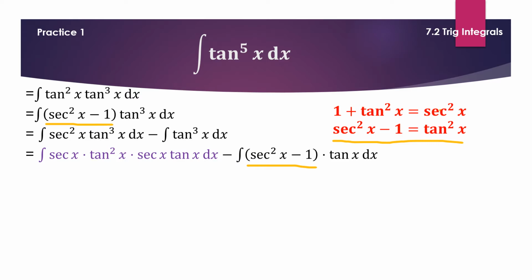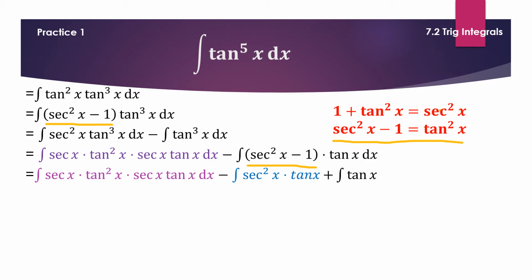And the same, we will write secant squared x minus 1, substituting for the tangent squared x. So now the second integral becomes integral secant squared x tangent x dx minus integral tangent x dx.